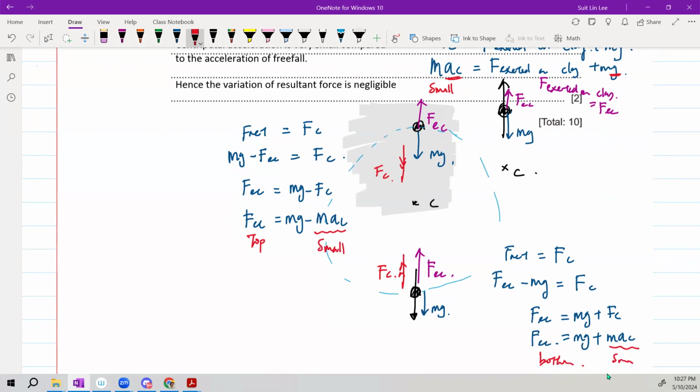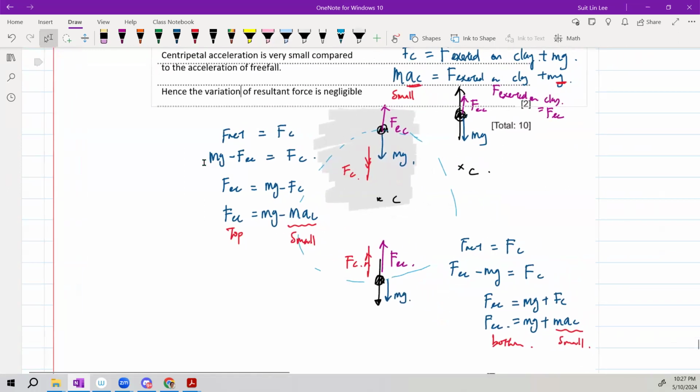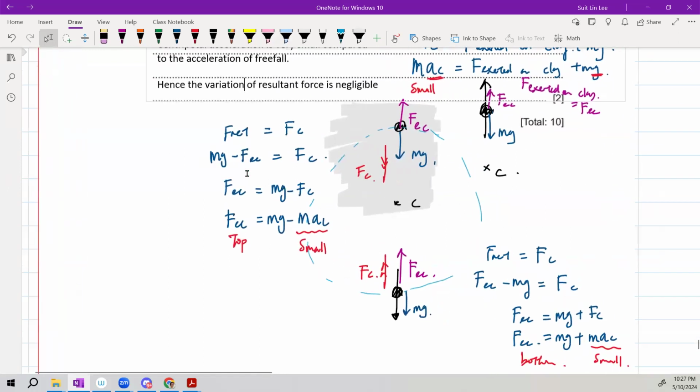This is very small compared to mg. So the variation of resultant force, or rather the variation of this one, is negligible.